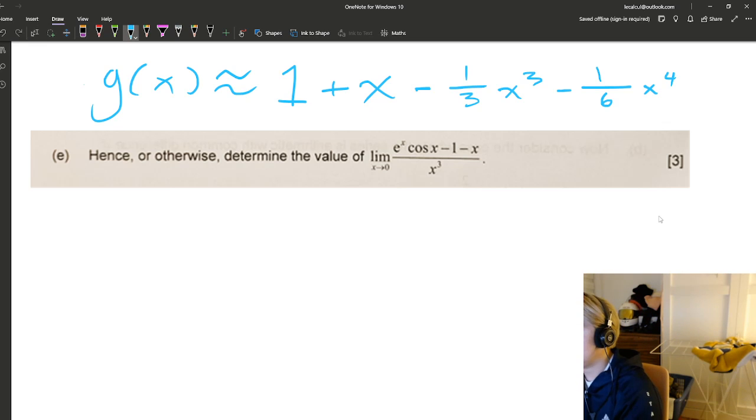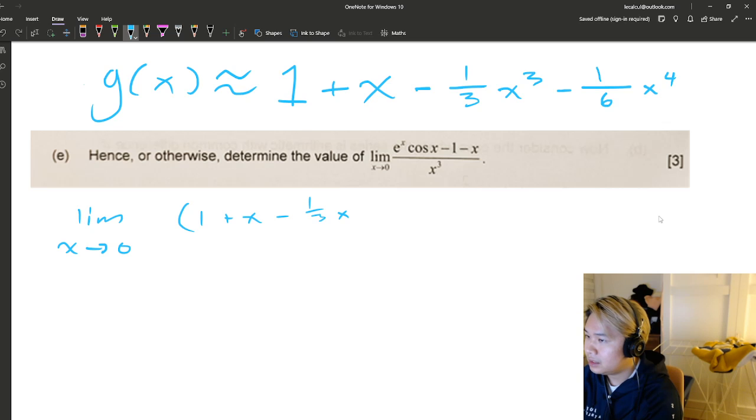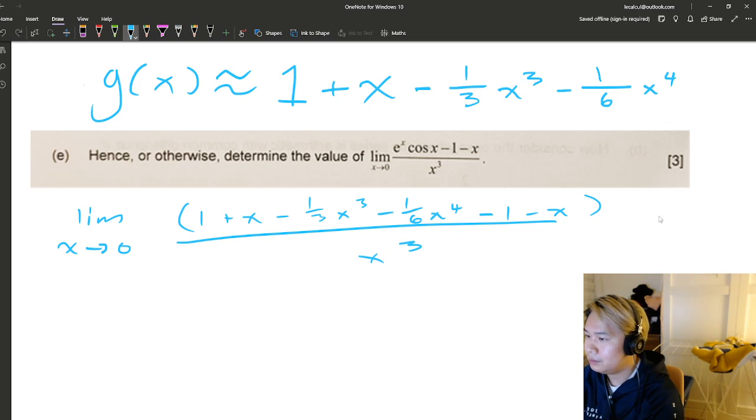Okay. So what we're going to do is we are going to find this limit by first replacing the e to the x cosine x with our Maclaurin series that we found out. So it's 1 plus x minus 1 over 3 x to the power 3 minus 1 over 6 x to the power 4, and then minus 1 minus x divided by x to the power 3.